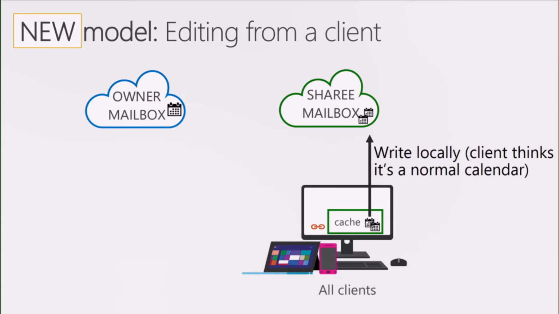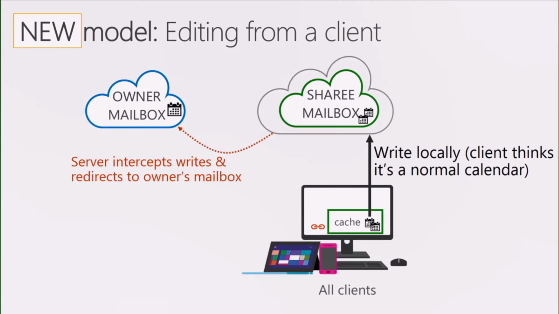So what happens when you write? Are you editing locally? How does that get up to the owner's mailbox? What about the other people who have access to the calendar? What happens is we built a little protection layer in the service that sees that a write has happened to this calendar and that this write is for a calendar you don't own. And we intercept that write and redirect it to the owner's calendar.